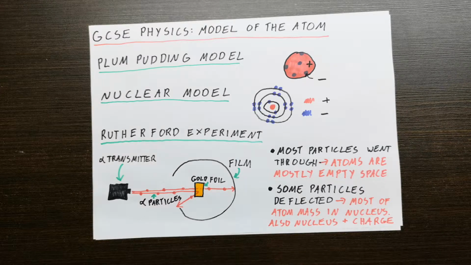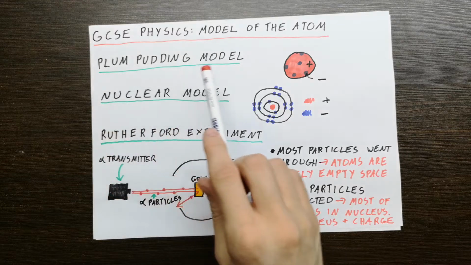First of all, initially people didn't know what atoms were, but eventually atoms were discovered and various models were proposed. The most recent model that was widely accepted before our current model was the plum pudding model.